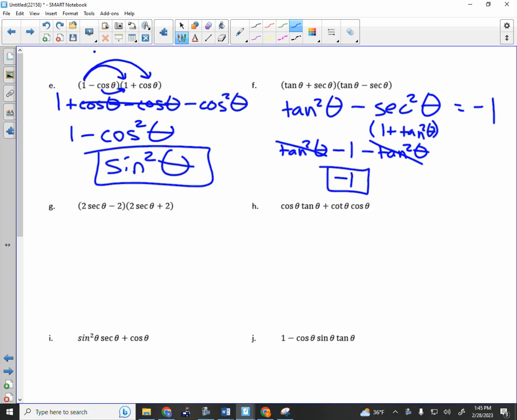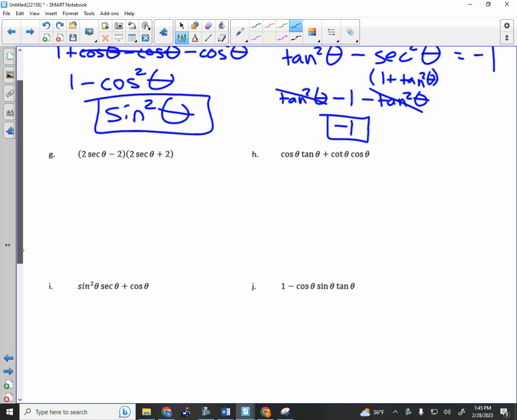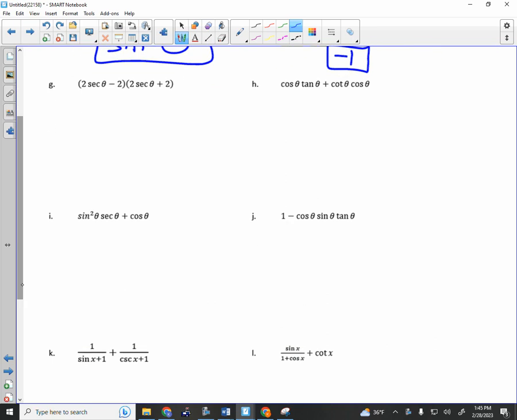So either way you go about it, you're going to come up with negative 1. Multiple ways of doing the problem, which makes it exciting. You try letter G on your own. Go. Secant. You got it.